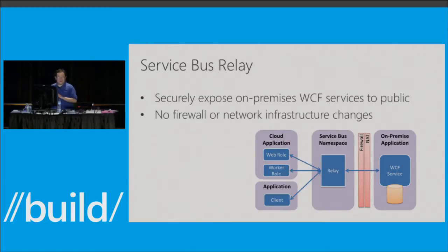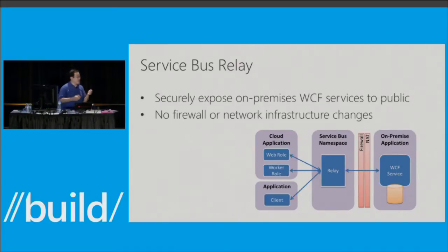So basically, what service bus relay provides is the ability for you to expose an endpoint and for other services to call you. And your service provider doesn't need to have a public or static IP address. And you don't need to change the firewall settings because usually you can only use the outbound port 80 connection or port 443 connection to connect to that endpoint.